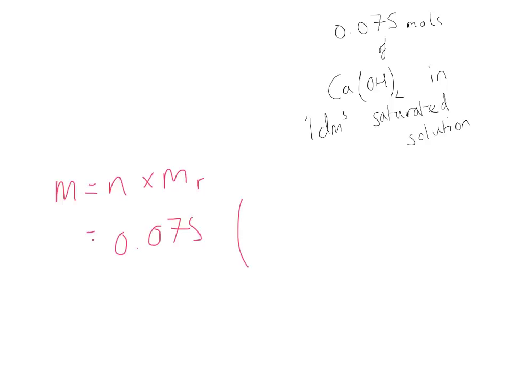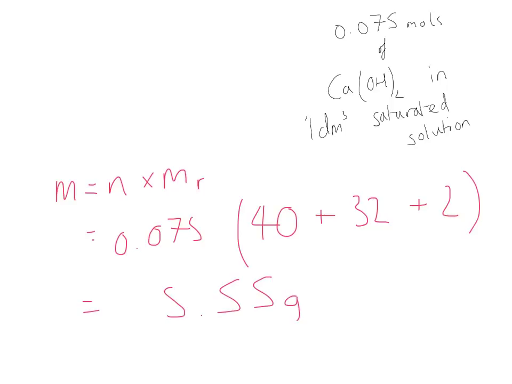The Mr of calcium hydroxide is 40 for calcium, plus 32 for the 2 oxygens, plus 2 for the hydrogens, and that's going to give me a total of 74, so that gives me 5.55 grams.